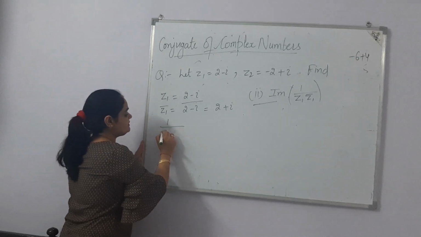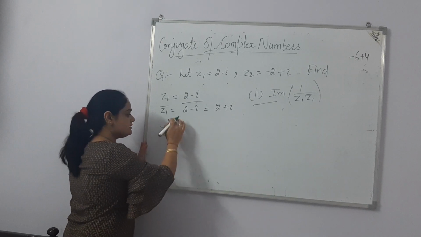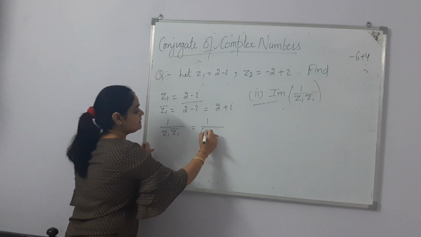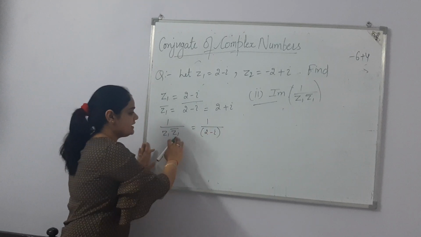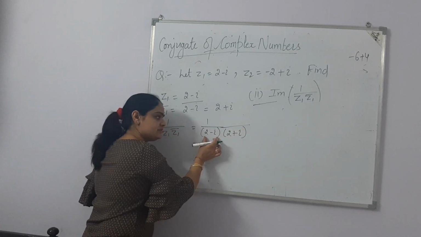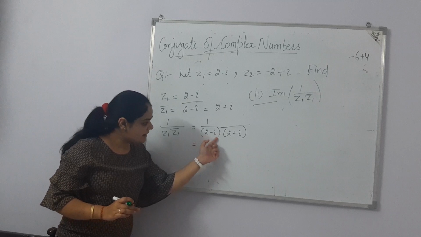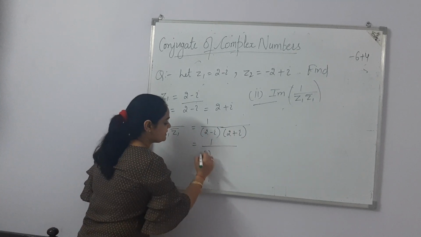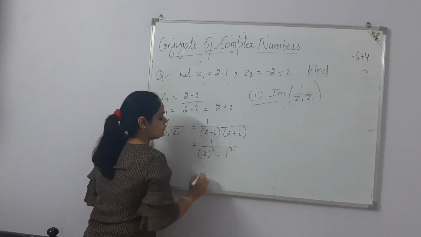Now its requirement is the reciprocal of z1 conjugate. So 1 upon, what is z1? It is 2 minus iota, and z1's conjugate is 2 plus iota. So here the formula will be applicable: a minus b, a plus b, which is a square minus b square, 2 square minus iota square.